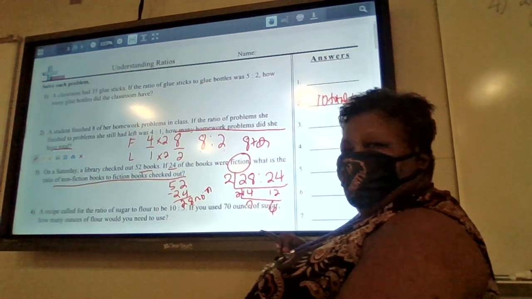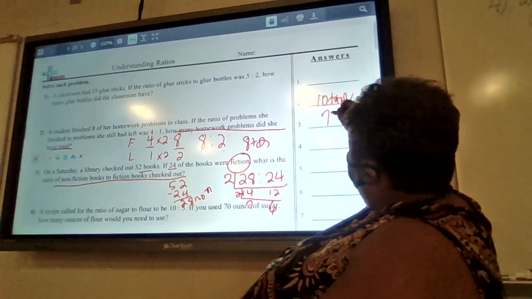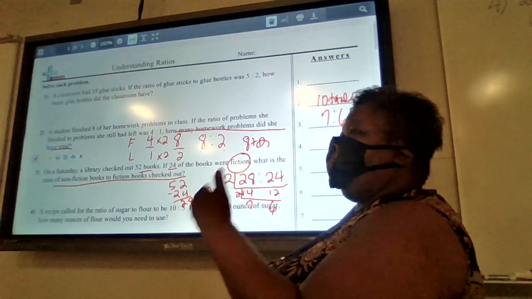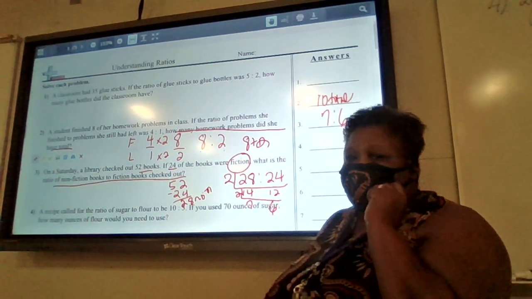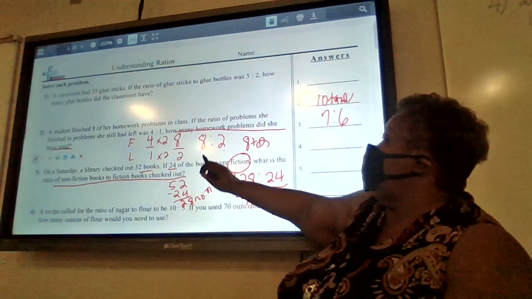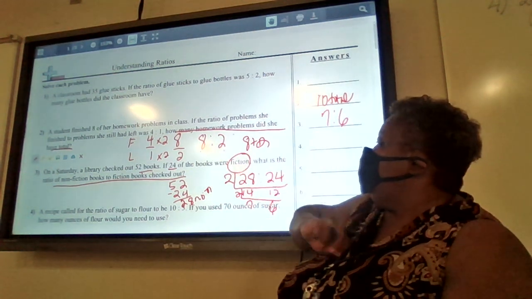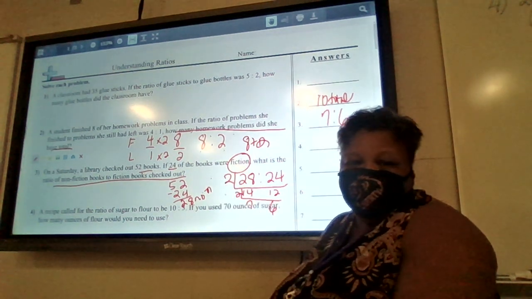What about 7 and 6? Are we one and done? So our ratio is 7 to 6. You always want to simplify your ratios. So we found an equivalent ratio here by multiplying. We found one here by dividing.